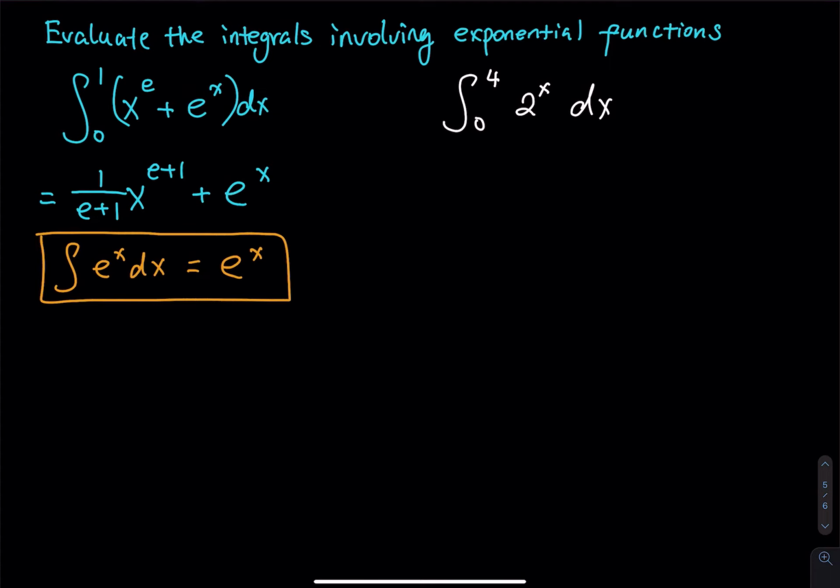Because the derivative of e to the x is itself. That's why the integral, the antiderivative of e to the x is equal to itself. This is a very special case. For e to the x, it doesn't matter how many times you differentiate it, you still have e to the x. For the integration, it doesn't matter how many times you integrate e to the x, you still have e to the x. So you have to put this down on your notebook.